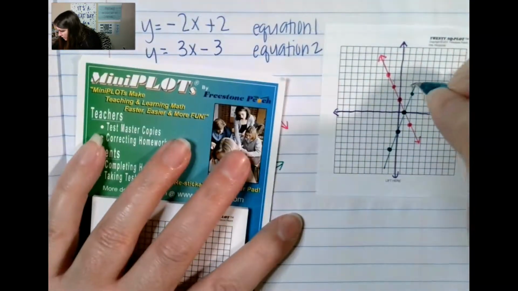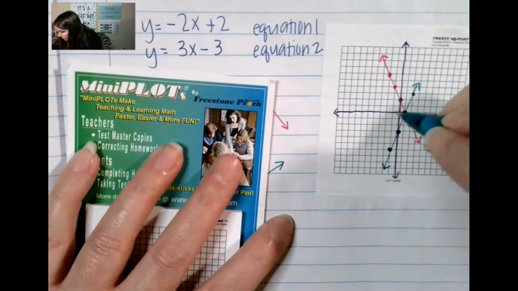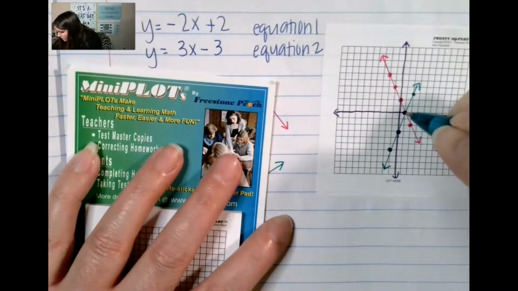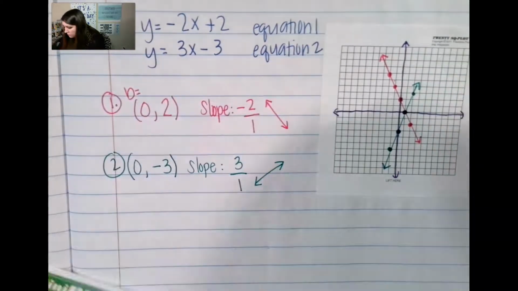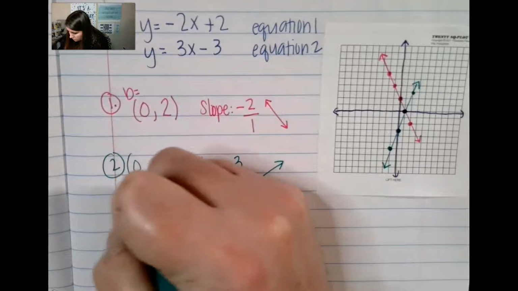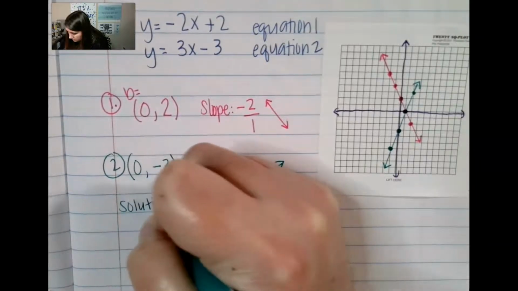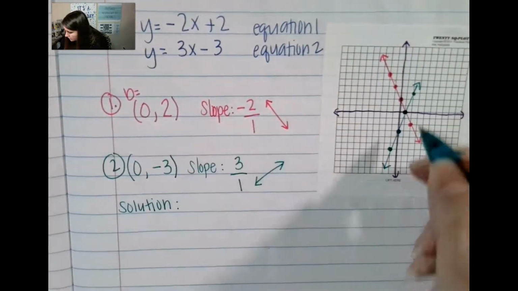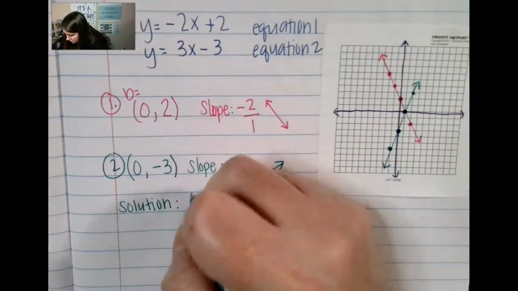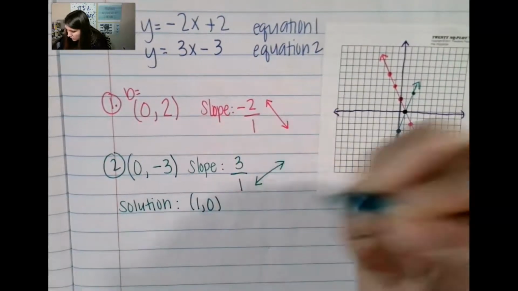And it looks like it crosses right here over at 1, 0. So our solution to this system is over 1, 0. So 1, 0.